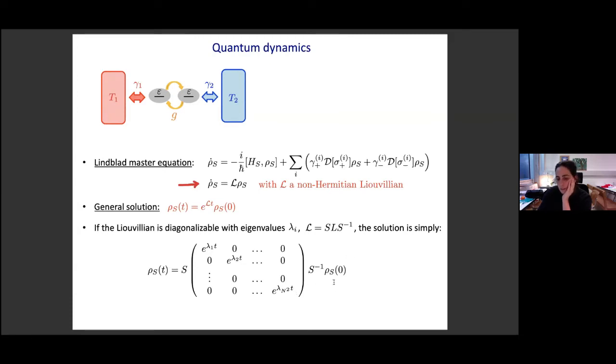And of course, it depends on the initial state, as we know.